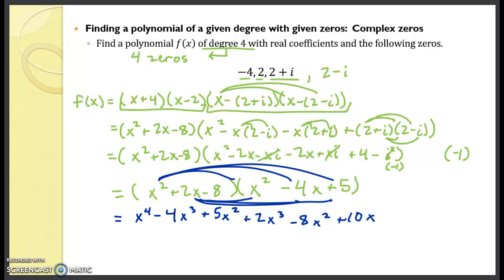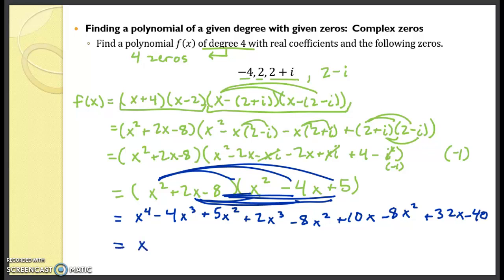And then again, we have to multiply the -8 through each of these pieces. So we get minus 8x squared plus 32x minus 40. Now, let's combine like terms.